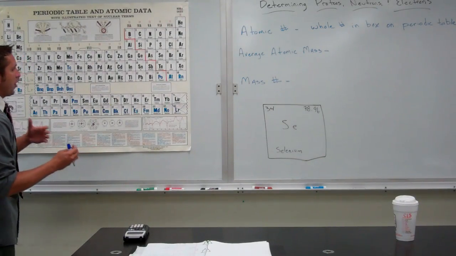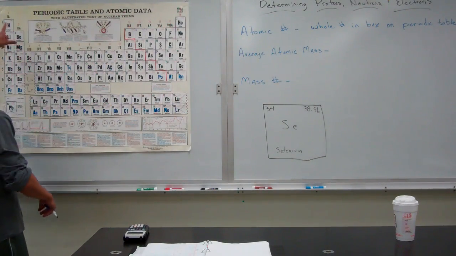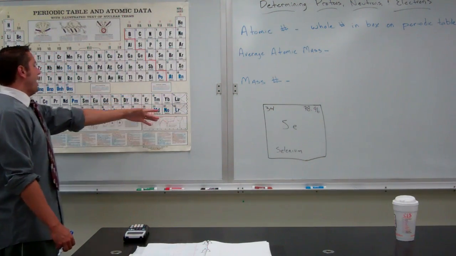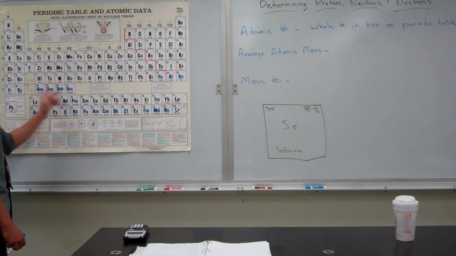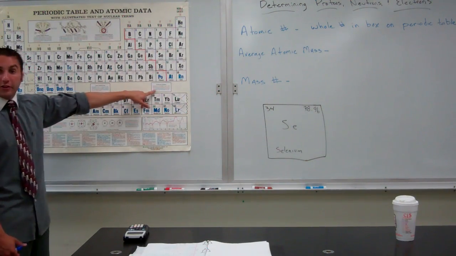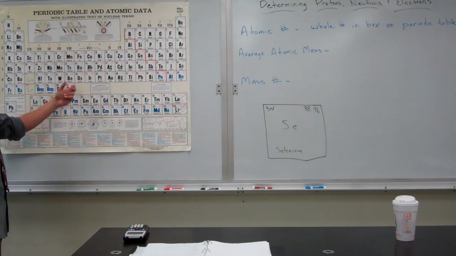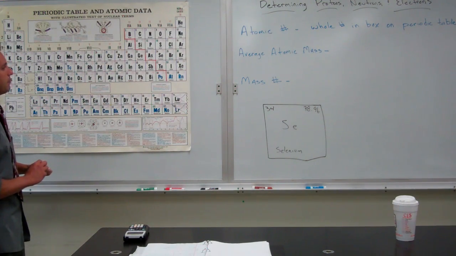Atomic numbers go from lowest to highest on the table, so they start at 1 and ascend all the way up to the heaviest of the elements, which on most tables will go all the way into the 120s. But for the purpose of our table, I will say 107 because that's what's in class.